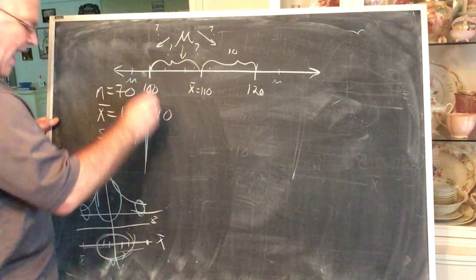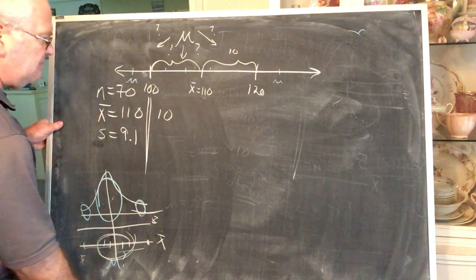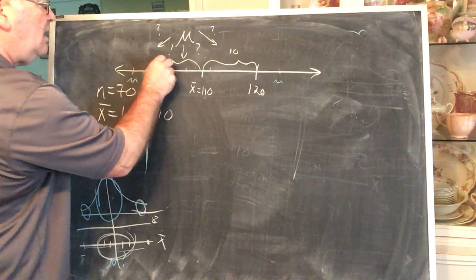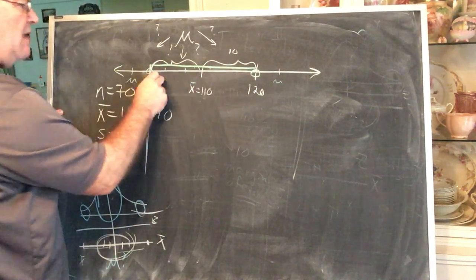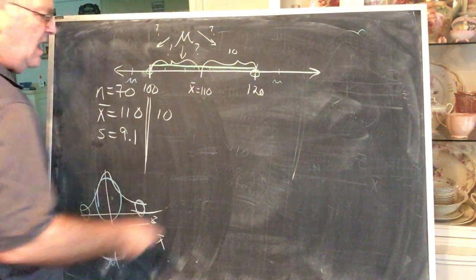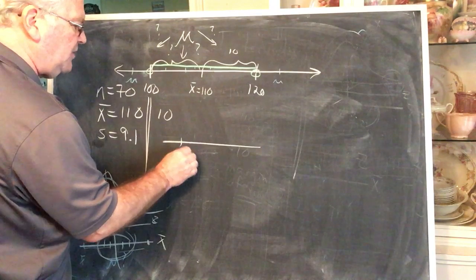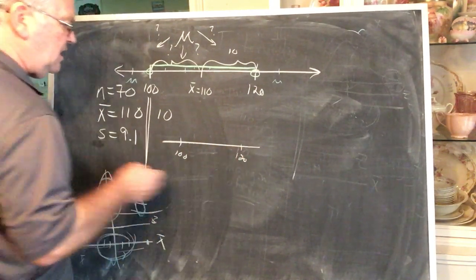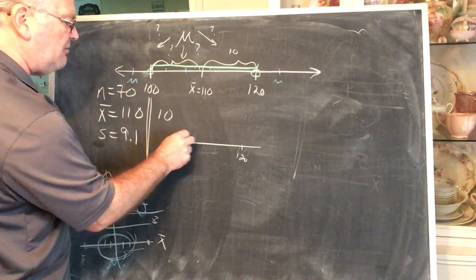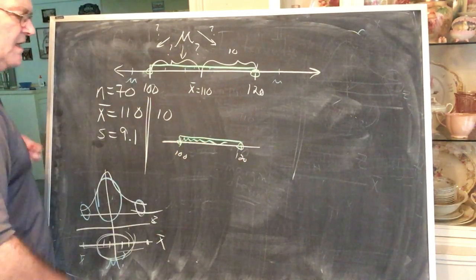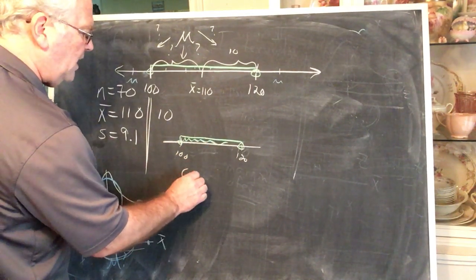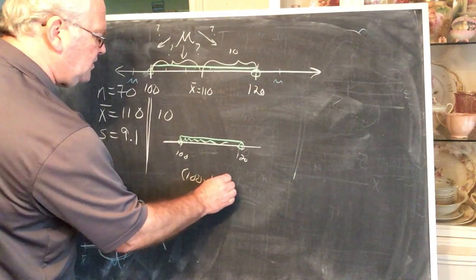And now, if you remember from your glory days in basic algebra, we have an interval of the number line. Do you remember an interval of the number line? Here's 100, here's 120, and we have an interval of the number line. Remember doing this? This corresponds to the interval 100 to 120.